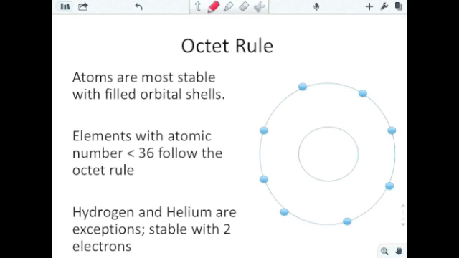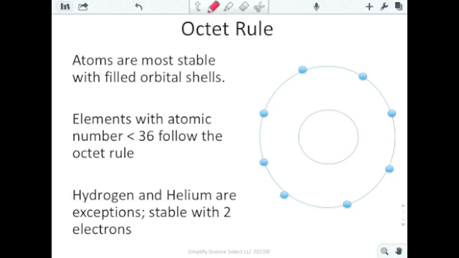So, the first thing we need to revisit is the octet rule. Now, atoms are most stable with a filled orbital shell. What this means, remember that in the electron configuration, when we have our s orbital and our p orbital, s can hold 2 electrons and p can hold 6.